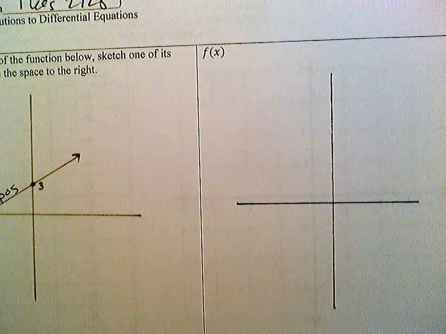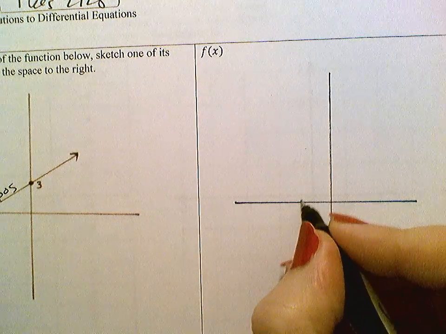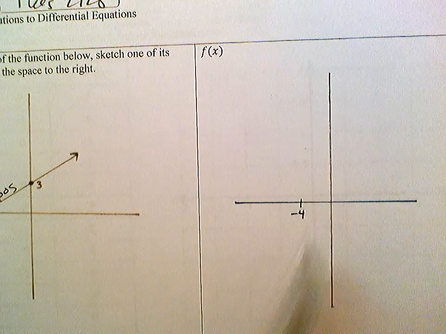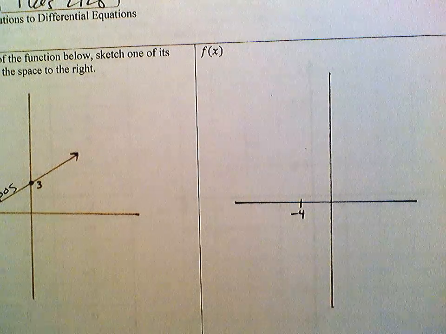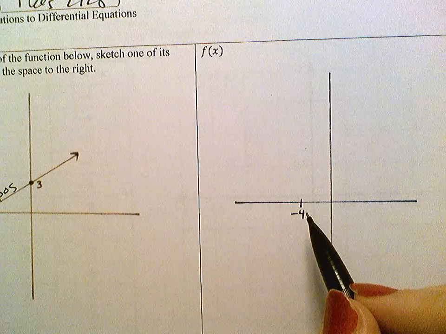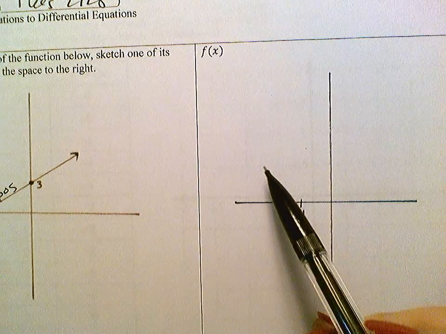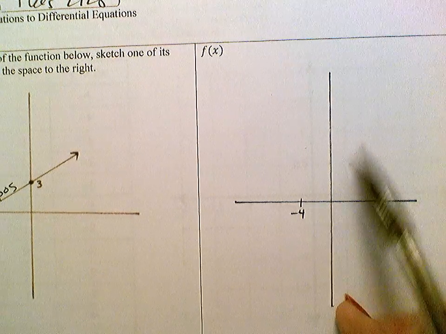Okay, so still pen for a moment, but I'll just put -4. Now pencil. Okay, so now I'm using a pencil. And I know that f is decreasing to the left and increasing to the right.